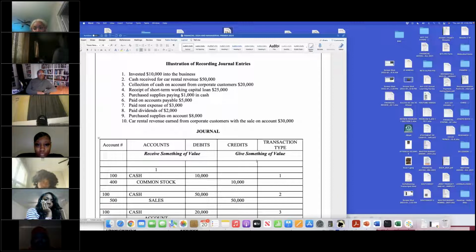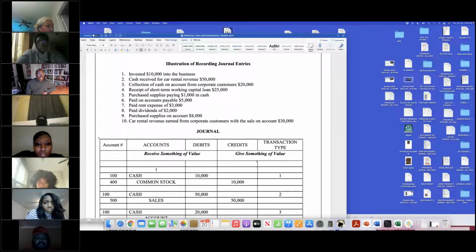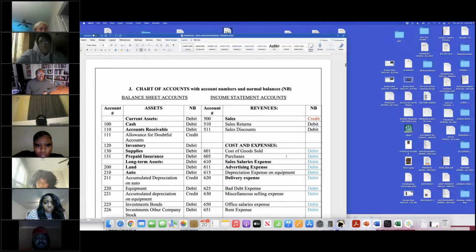Let's go on to number 4. You get a short-term working capital loan, 25,000. What's our type going to be? That sounds like a type 5. Borrowed money, yep, because cash came in, you borrowed money.